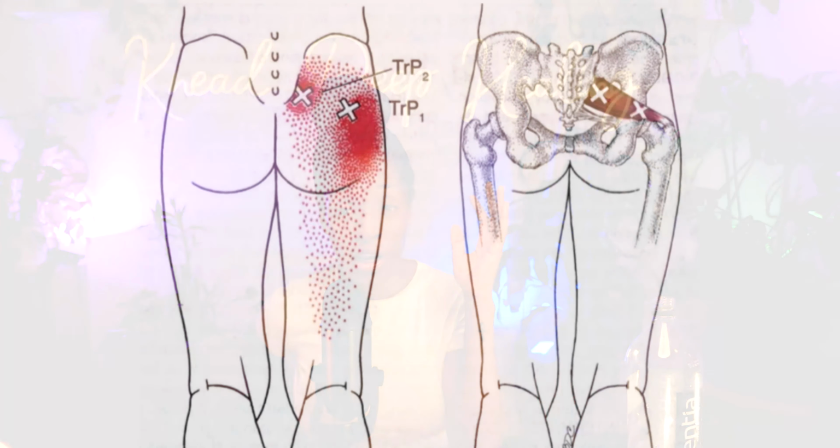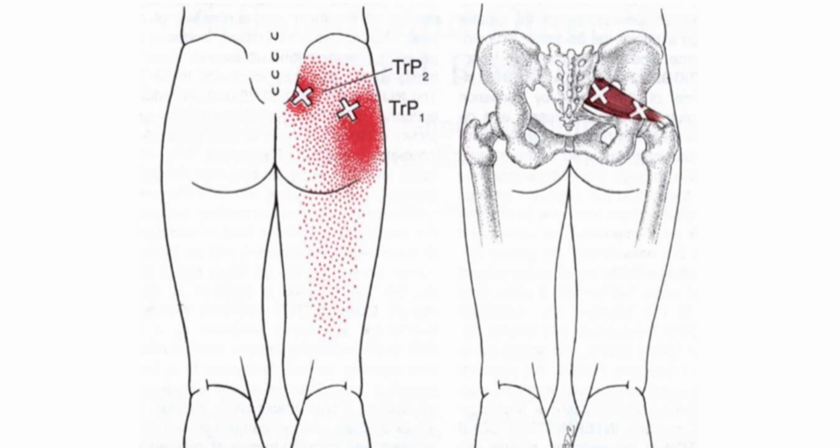Piriformis pain will refer pain to the low back, kind of the middle part of the glutes, where your sacroiliac or SI joint is, and on the outside of the glute.